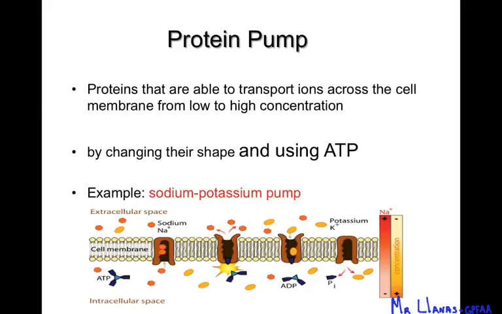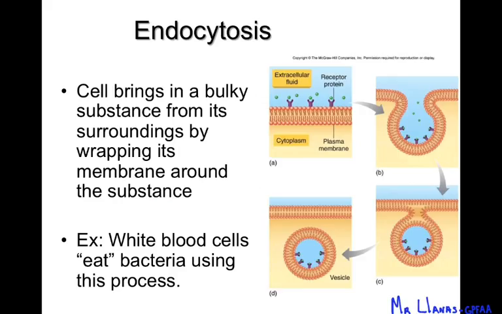Remember that in the mitochondria. And it uses that to move sodium and potassium across the membrane from low concentration to high concentration. And it uses a lot of energy, okay, because you're moving things across a gradient, okay, concentration gradient.